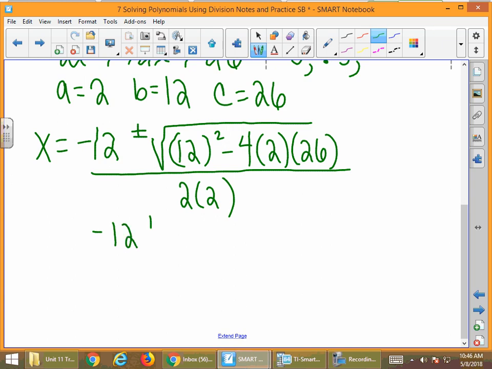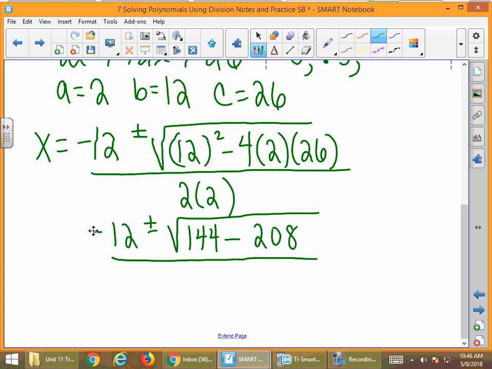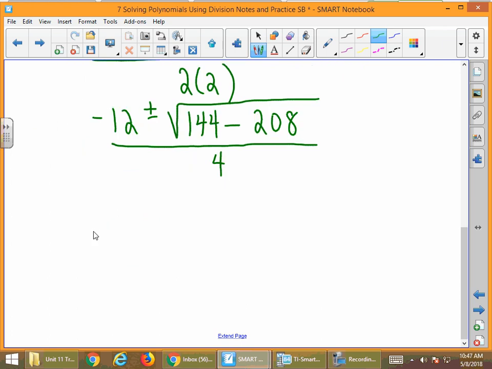Negative 12 plus or minus the square root of 144 minus 4 times 2 times 26, which is 208, divided by 4. 144 minus 208 is negative 64, divided by 4.